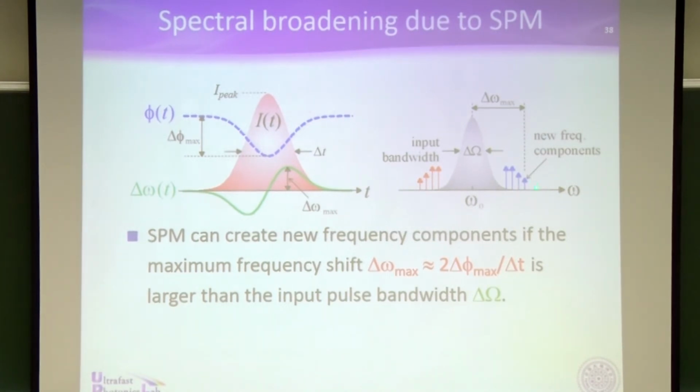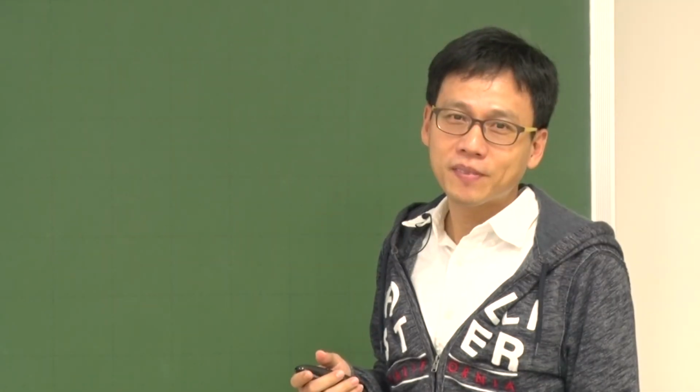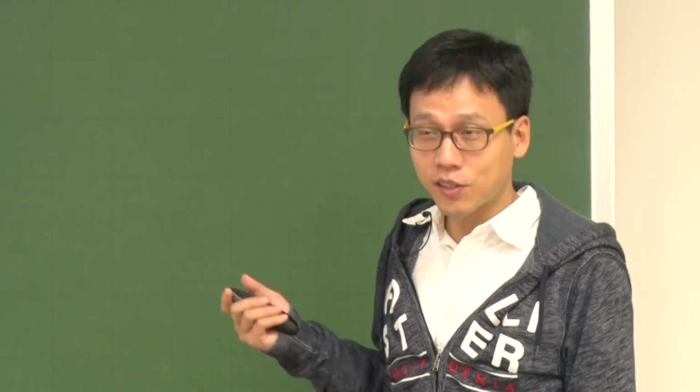Then with this picture, you can roughly say after the self-phase modulation, more frequency components will be created from the regions where there was no power at all in the beginning. But due to self-phase modulation, if the effect is strong enough, your spectrum can be broader. Okay? Is it okay for you?